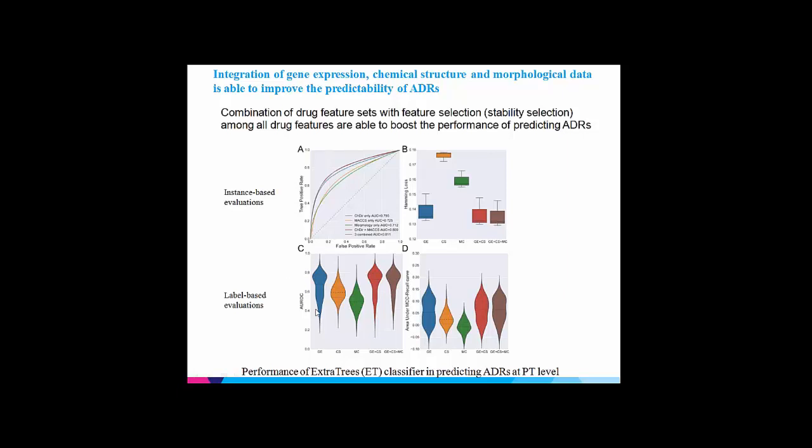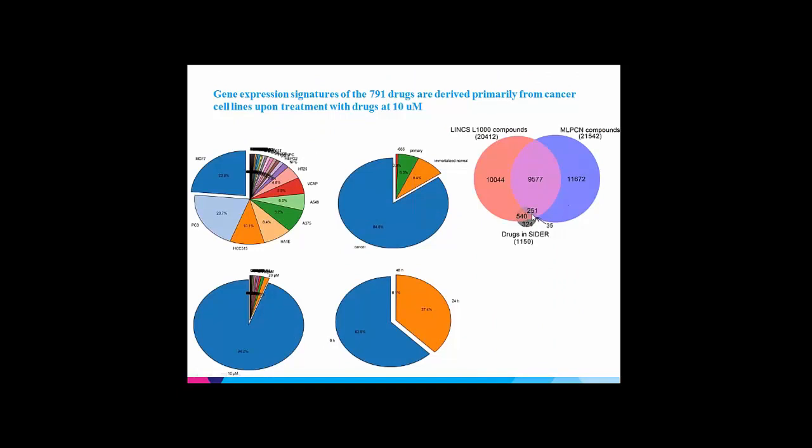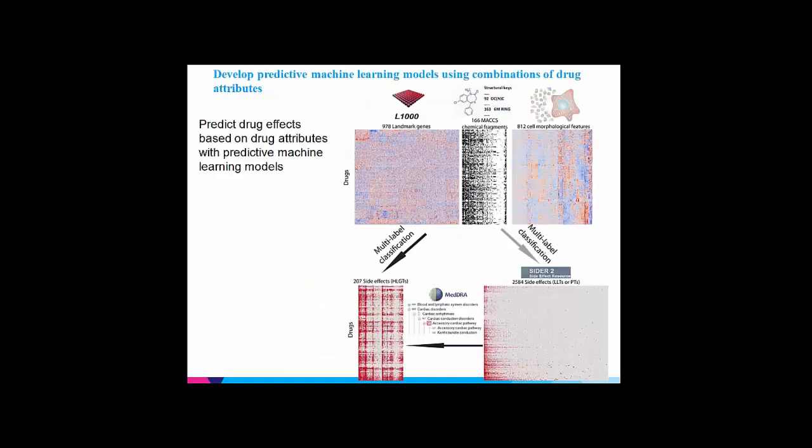For this particular result, since I only use those 251 drugs that have both gene expression and morphological features, here I have 2,500 side effects, but after the filtering based on the side effect frequency, I think I got around 1,000 side effects to predict.